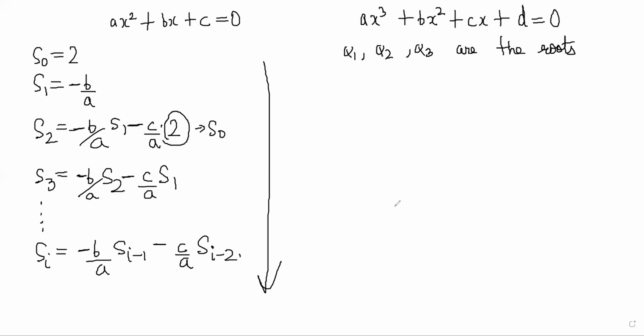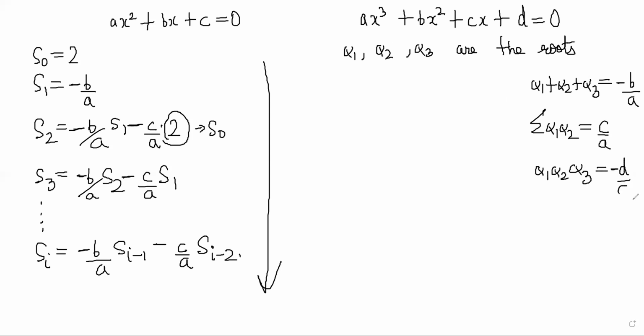Now, what is Vieta's relation telling us? Vieta's relations tell us that the sum of the roots, alpha 1 plus alpha 2 plus alpha 3, is equal to minus b by a. The sum of the roots taken 2 at a time is equal to c by a. The sum of the roots taken 3 at a time, or basically the product of the roots, is equal to minus d by a. So this is from Vieta.